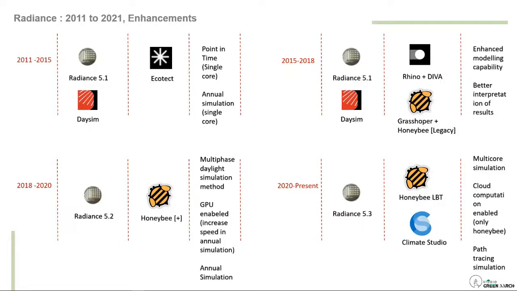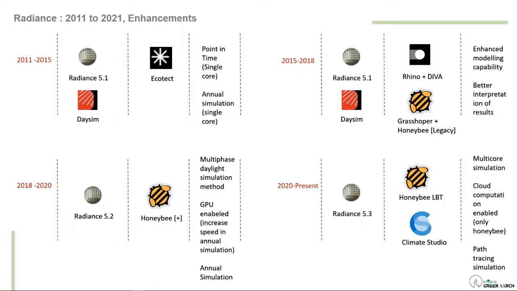Like if you want to model a very big project, like a university, at the same time, you can model at any scale and just dump it into the cloud computation. So everything will be simulated in a good amount of time. Within some hours, you will get your results. So that is a big advancement in the lighting industry, using cloud computation power. And with Ladybug Tools, we are working on a project called Pollination, where all this will be enabled very quickly, within the next 2 to 3 months.